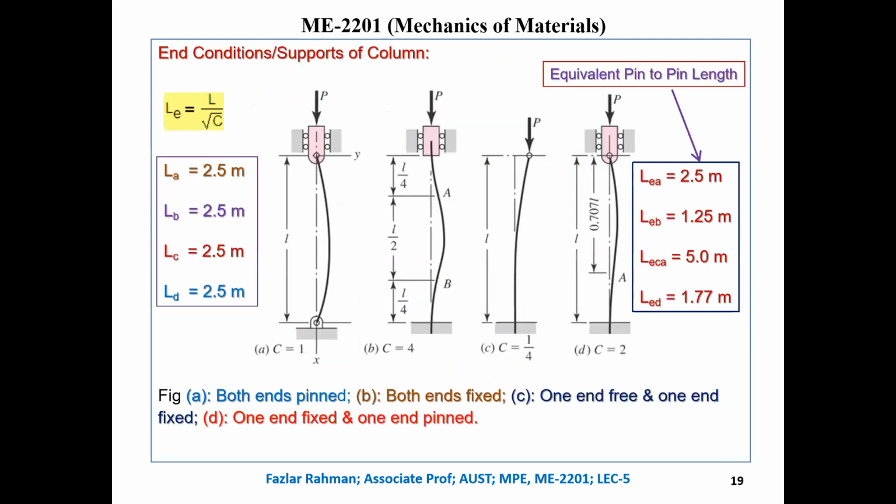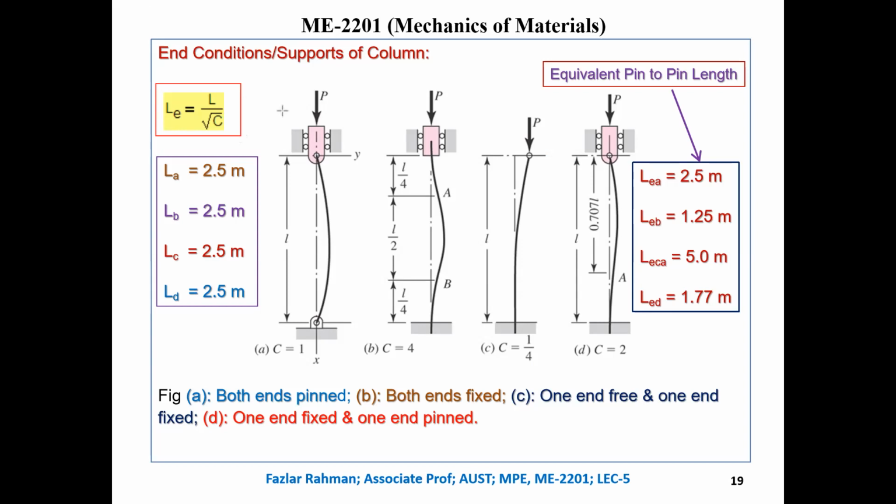Now, what is the equivalent length? Equivalent length is L by, what is the L? L is the physical length. What is the LE? Same beam for both ends pinned.